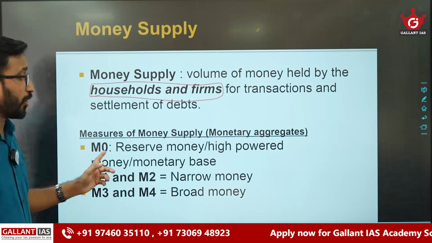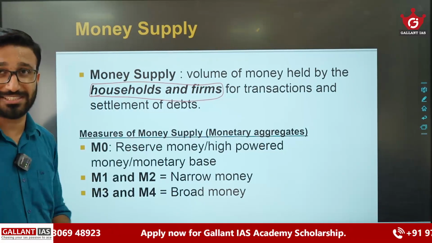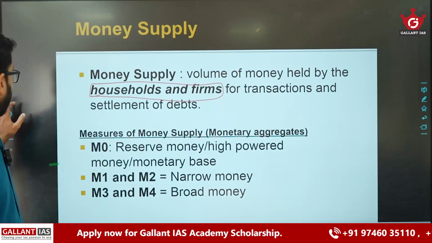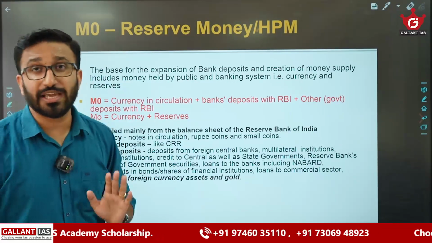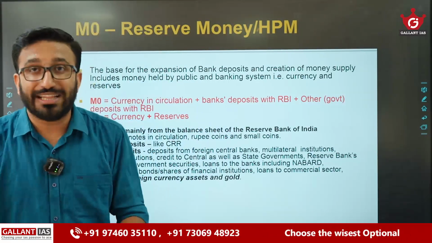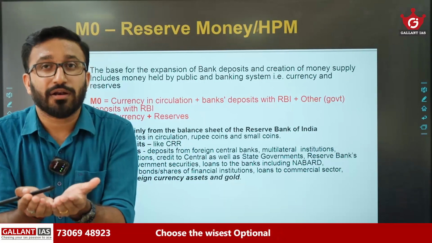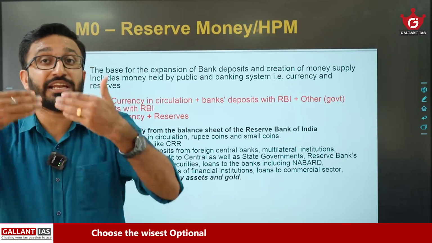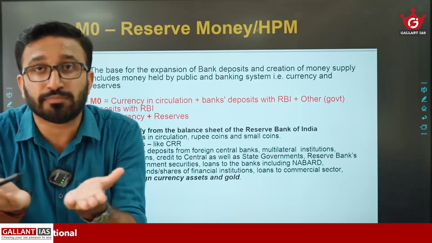So M0 is known as reserve money or high powered money or monetary base. As the name suggests, we will start with M0. It is the high powered money or the reserve money or the base money. This is the basis or the foundation of credit creation in an economy. More credit will be created from this monetary base.